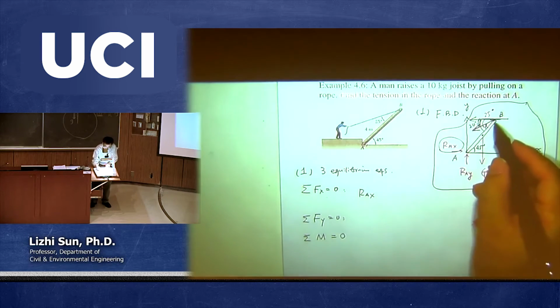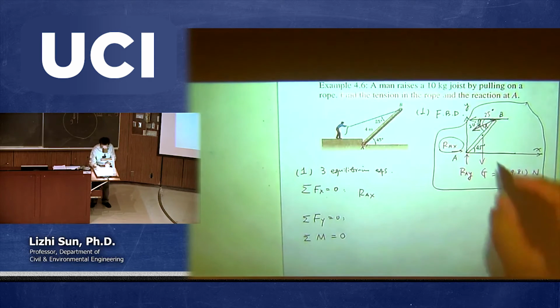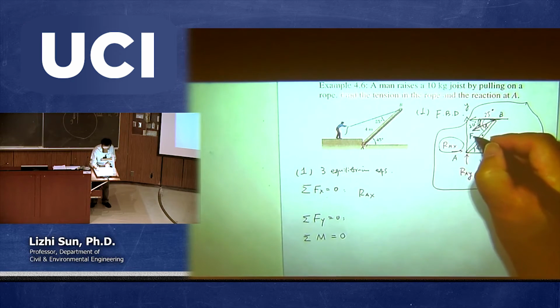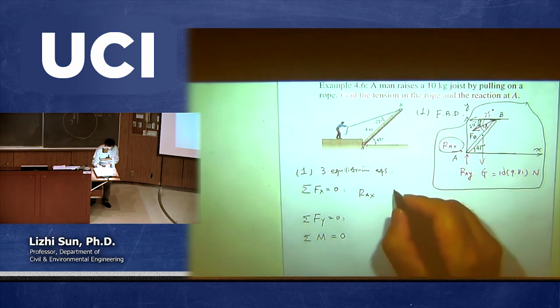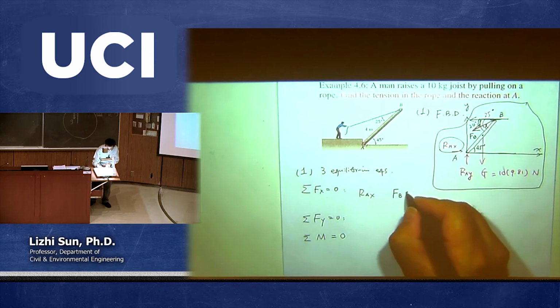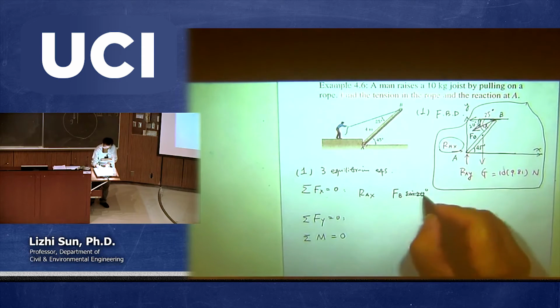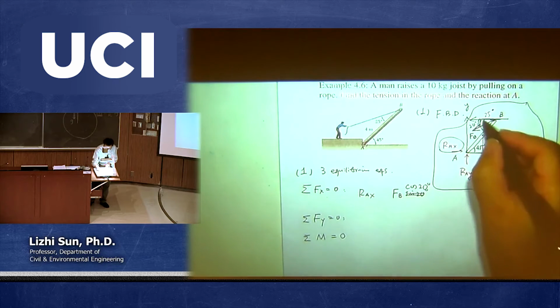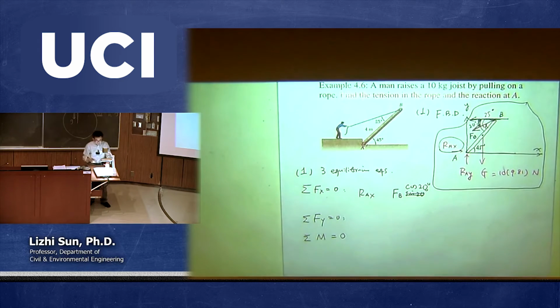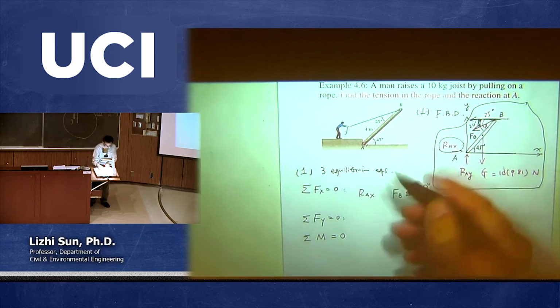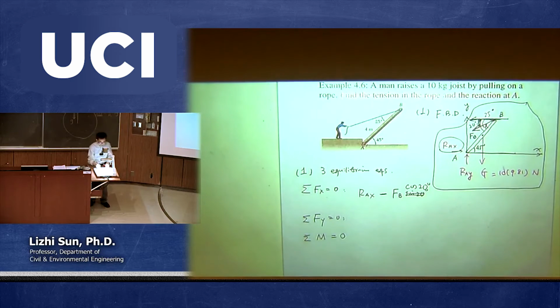This force I need to give a name, let's call it FB. So FB times cosine 20 should be the x component of FB. But this is to the left, so that's why I need to give a negative sign. And then there are no other forces, and that equals 0. So that's the first equation, collecting all the x components of forces and setting equal to 0.